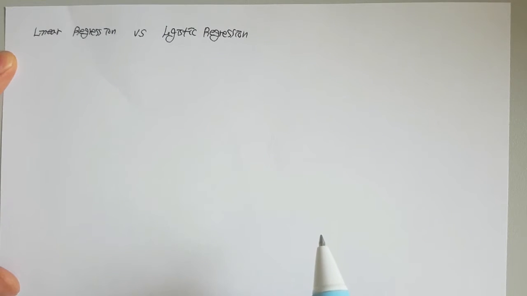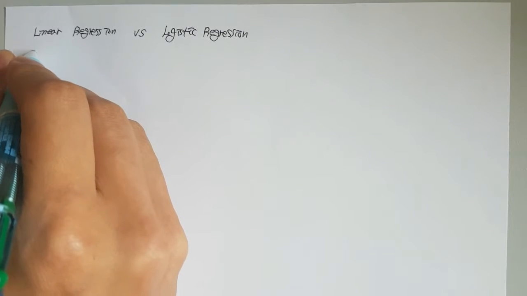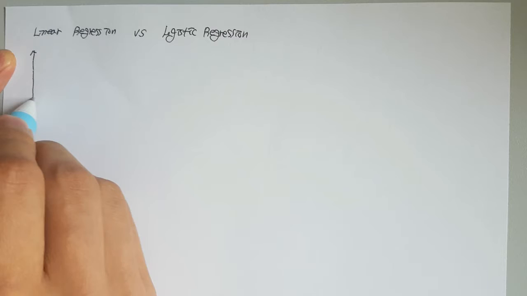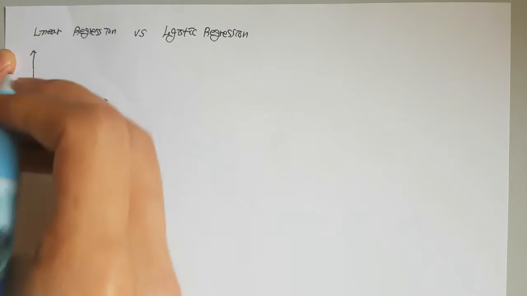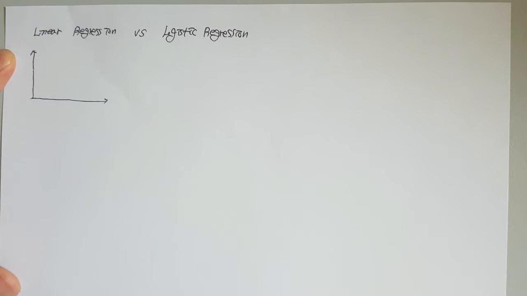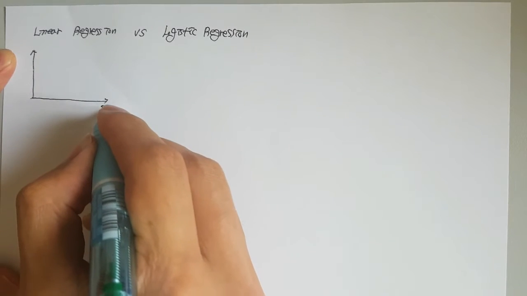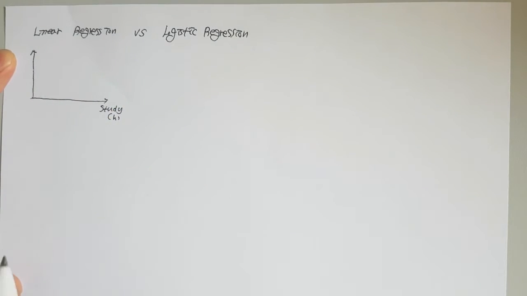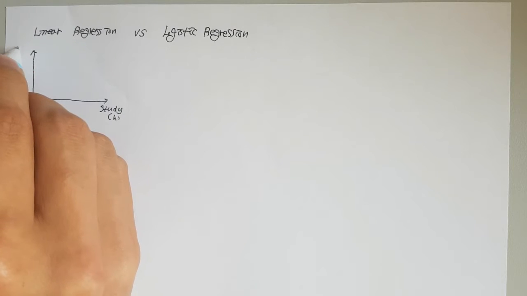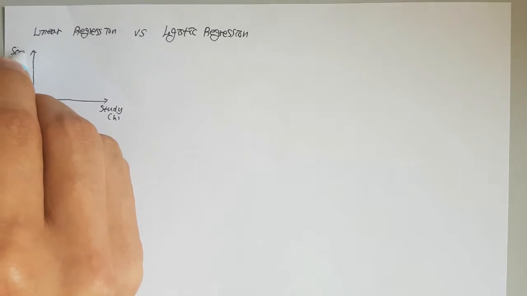Linear regression is to predict from the data, and especially we are trying to make a model which models the data's distribution. For example, let's say this is the study hour, how much we study for an exam, and then it will be the score.